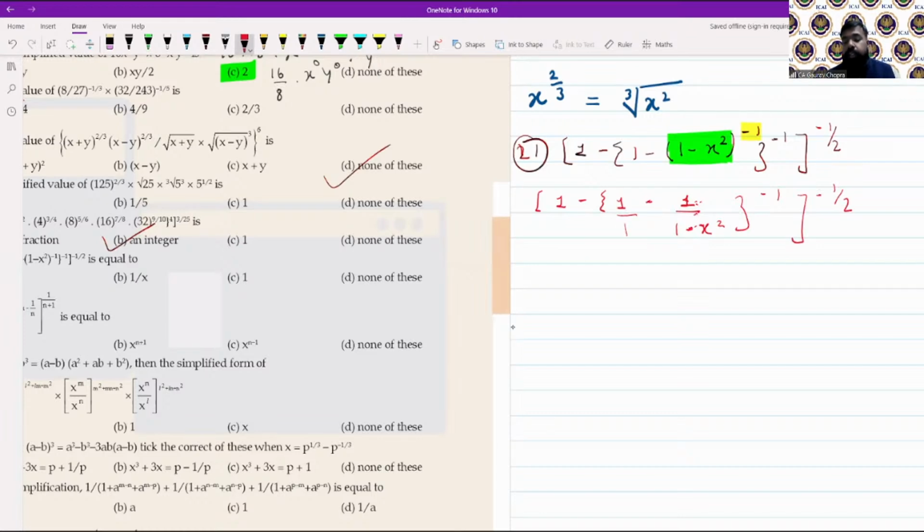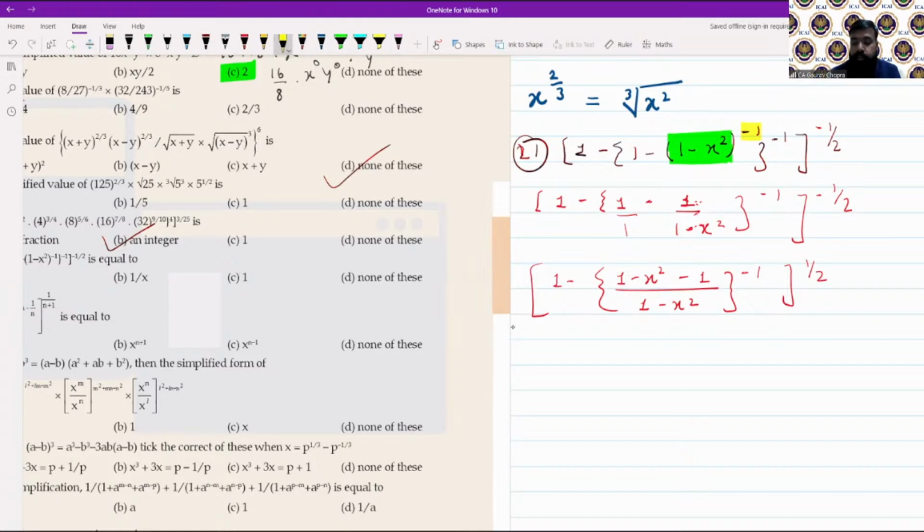Now we can take LCM here. So what will be the LCM? 1 minus x square minus 1 upon 1 minus x square. And this is having power minus 1 and whole to the power of minus half.